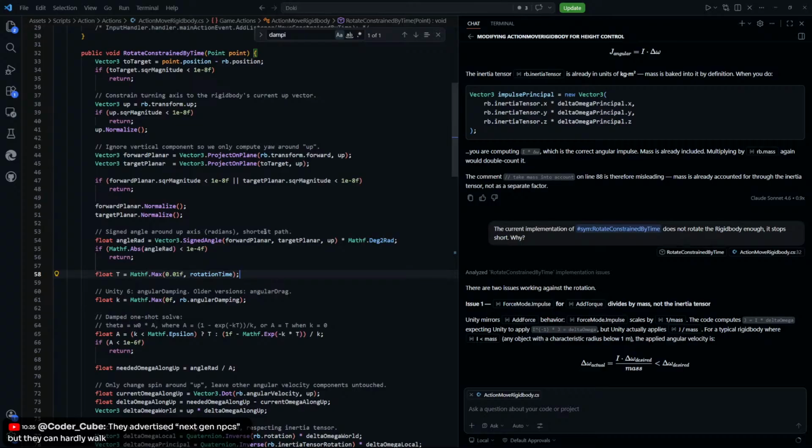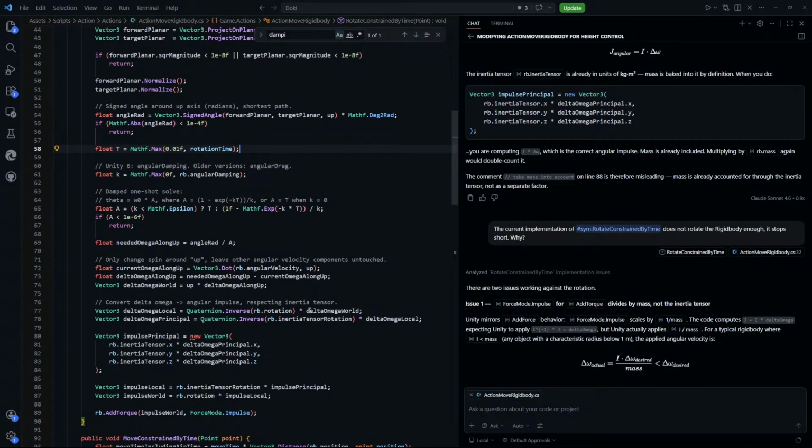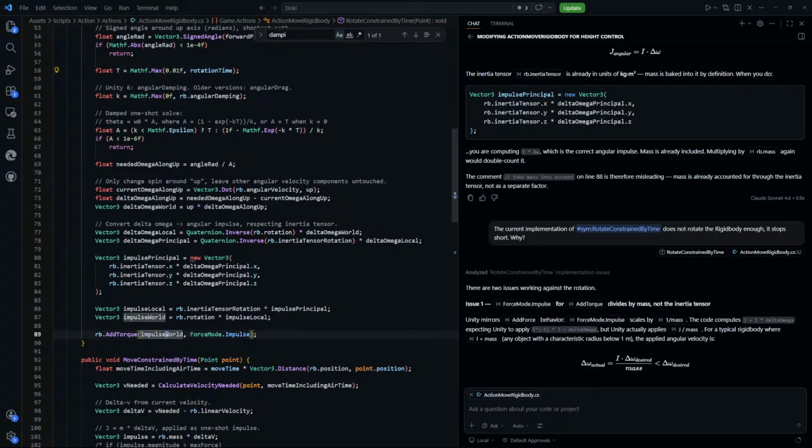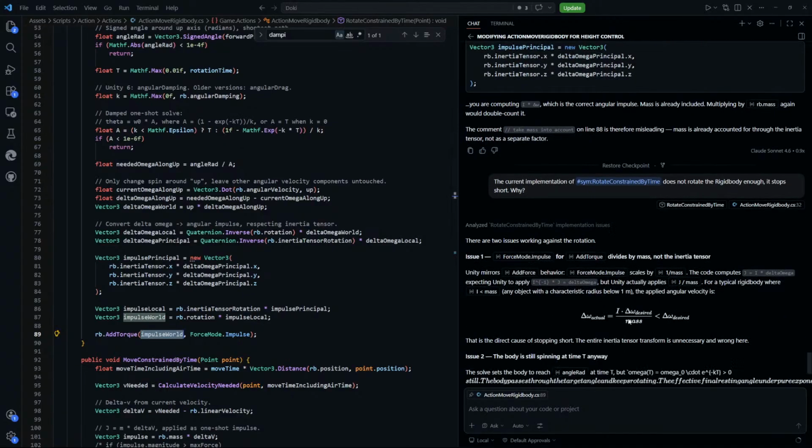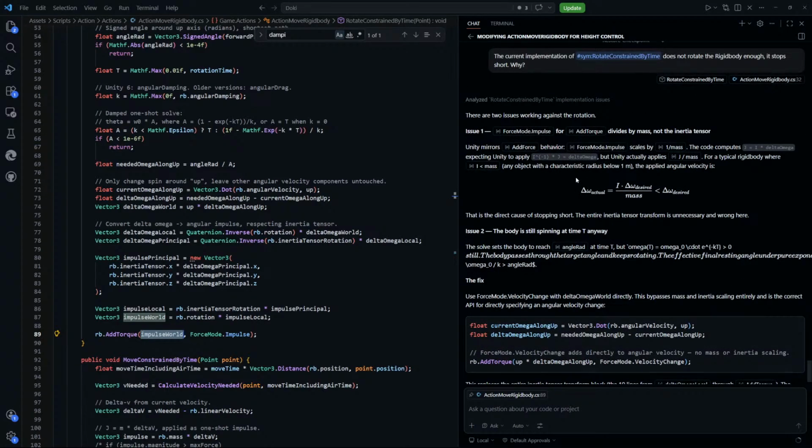There are two issues working against the rotation. Force mode impulse for add torque divides by mass, not the inertia tensor. Okay. Interesting.